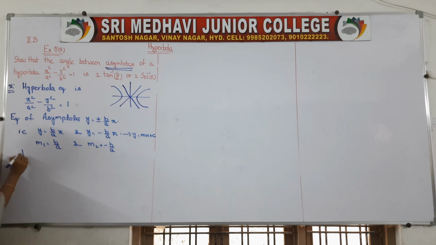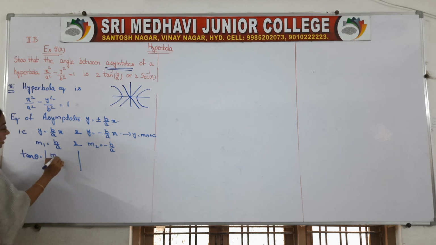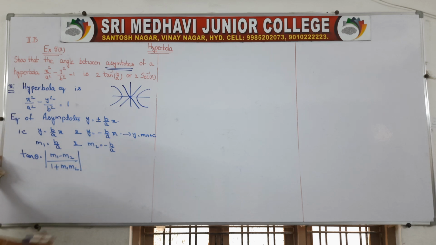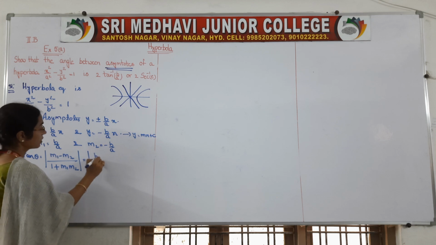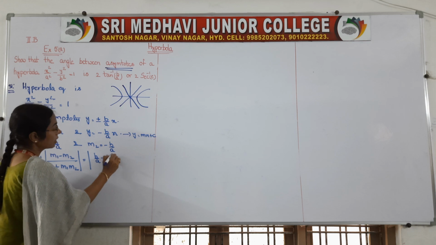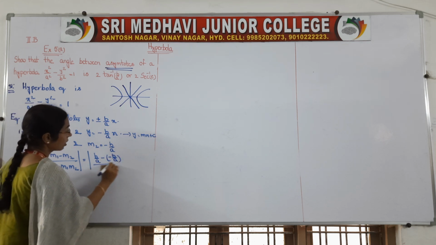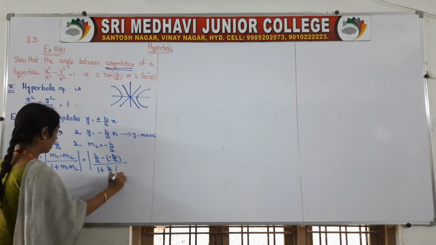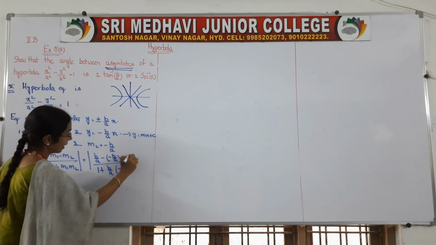Next, theta is the angle between the asymptotes, then tan theta is equal to, there is a standard formula, modulus of m1 minus m2 by 1 plus m1 into m2. So is equal to modulus of b by a minus minus b by a, by 1 plus b by a into minus b by a.